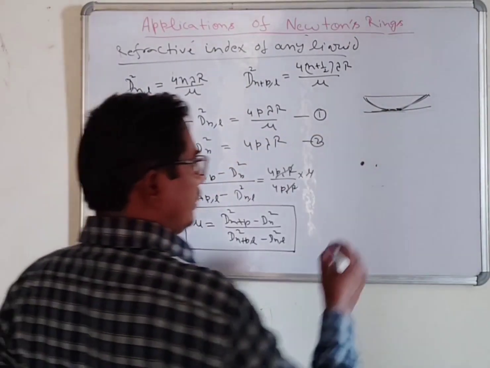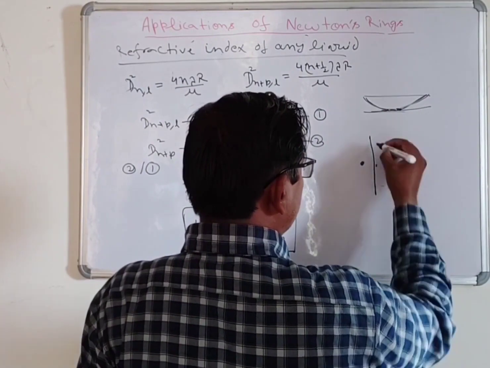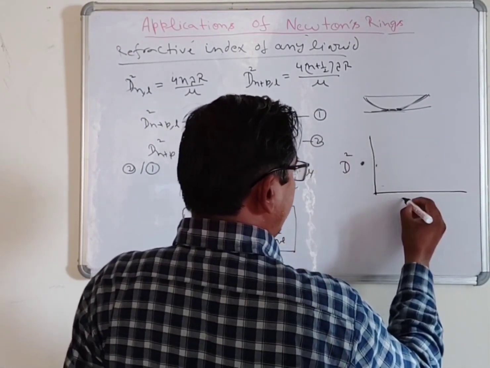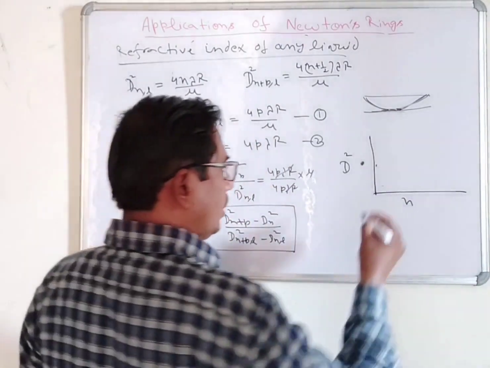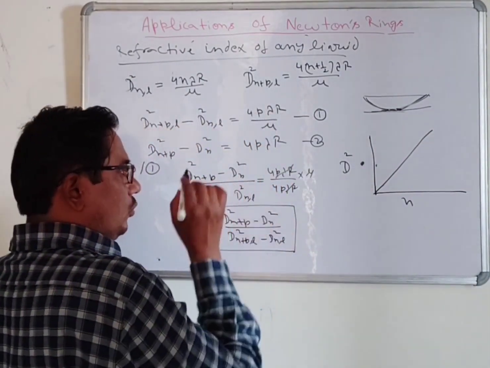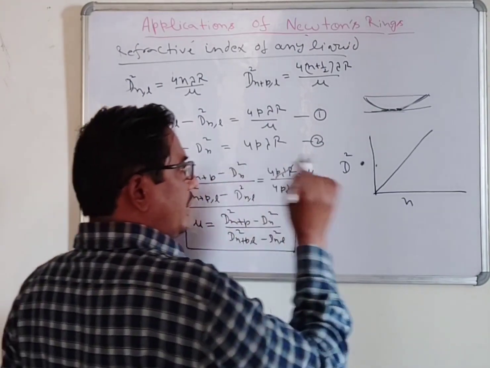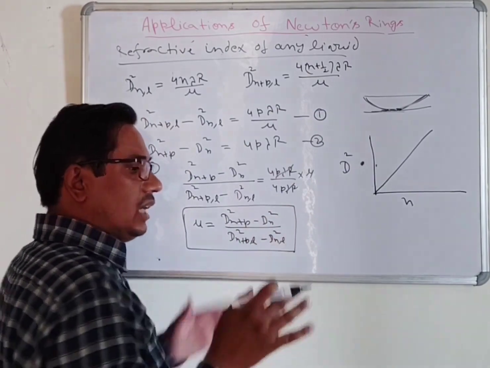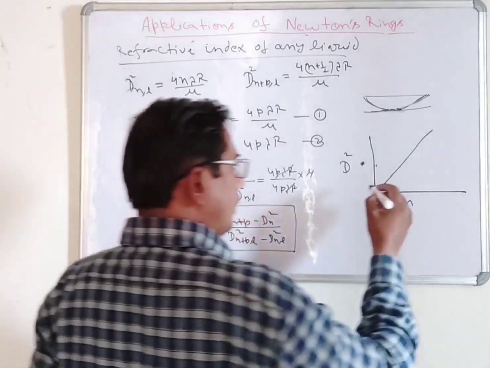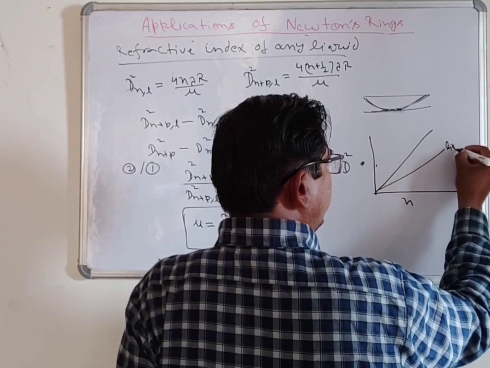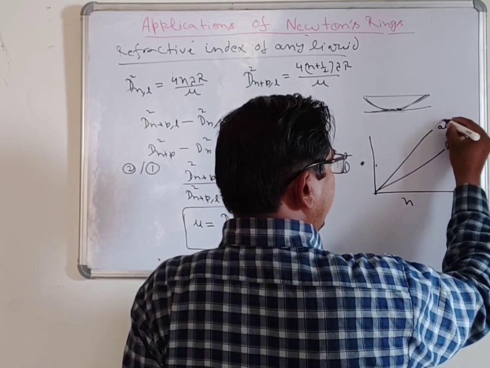Also, as you all know very well, d square versus n, the number of the fringes, will be a straight line. When you determine the diameter in the case of the liquid, you will see that the diameter decreases. What will happen? The slope also decreases. Here I am using L for liquid, and this is for air.